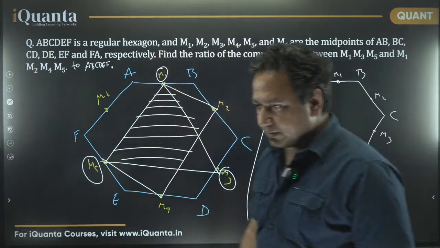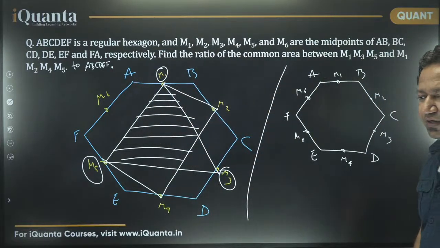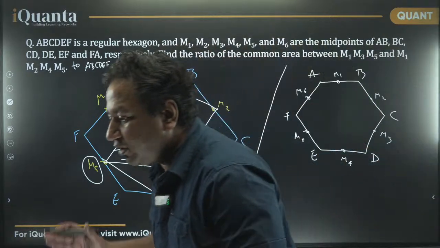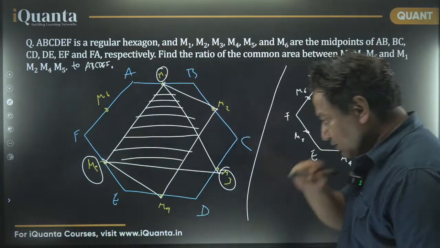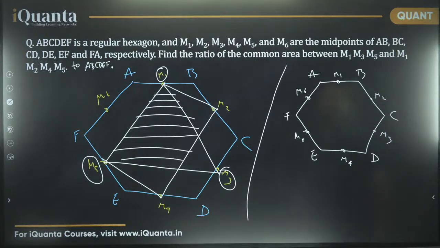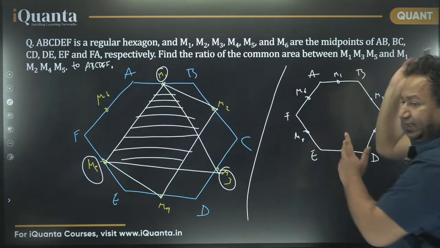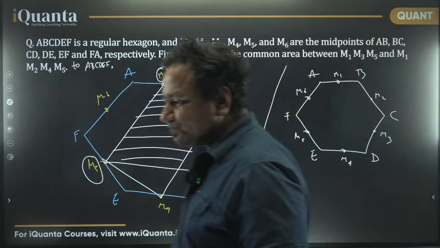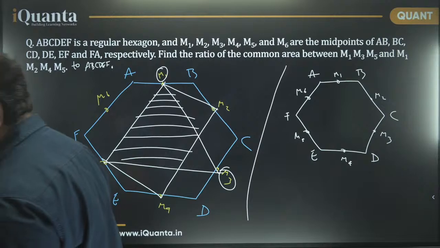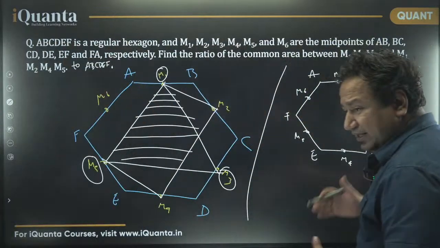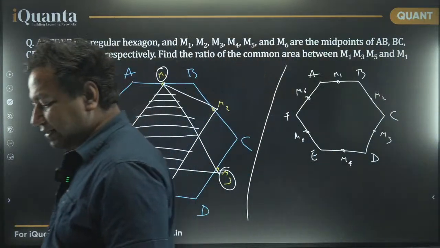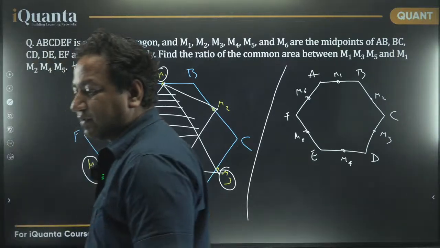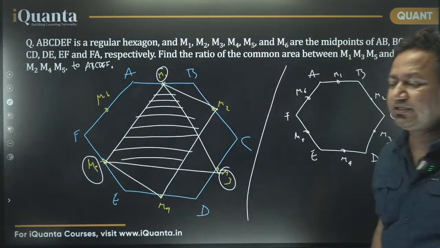Everyone, a regular hexagon is basically a combination of 3 sets of parallel sides. Let's say AB and ED are parallel. Yes or no? And they are regularly equally spaced, uniform, symmetric everywhere.